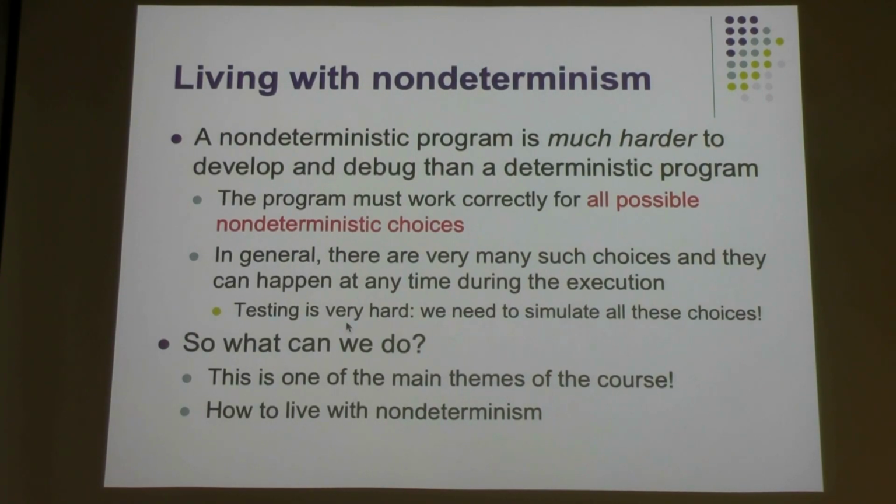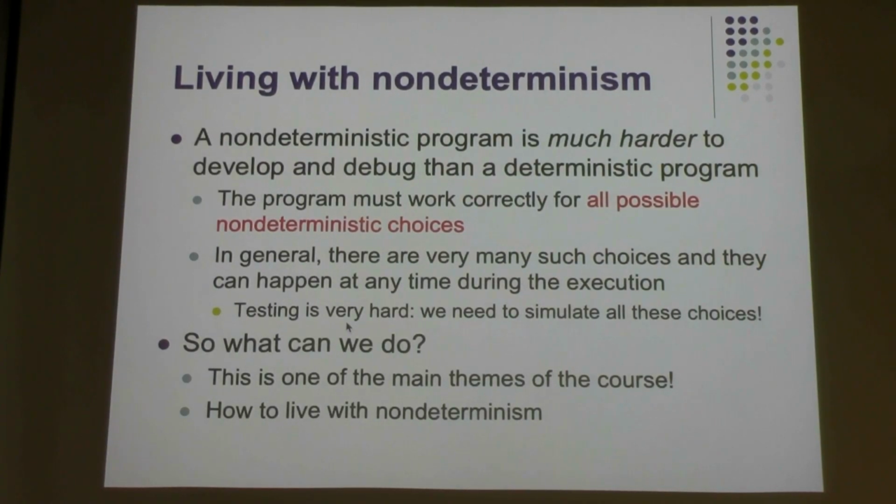So we have to write this program that's non-deterministic. And the problem is, it has to work correctly for all possible non-deterministic choices. There might be an exponential number of them.